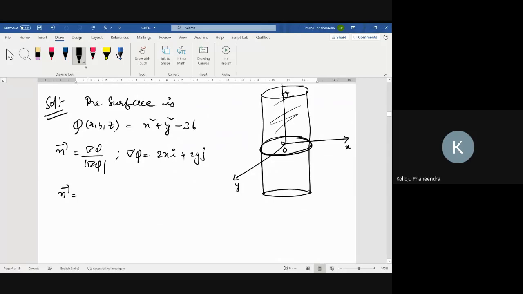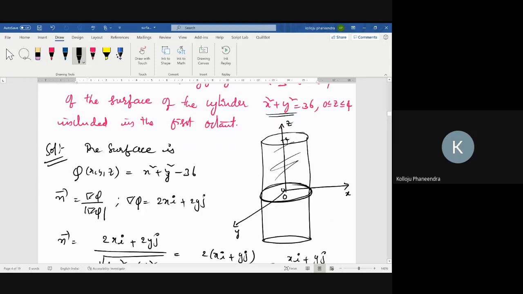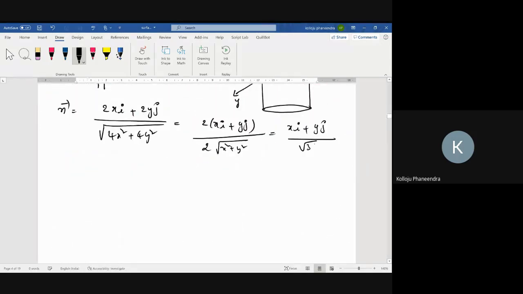Therefore, what is n bar equal to? 2x i plus 2y j by root over 4x square plus 4y square. This is 2 of x i plus y j by 2 of root over x square plus y square. So this is x i plus y j by, what is x square plus y square? From the curve equation, 36 is given. So let me substitute that value, root 36.